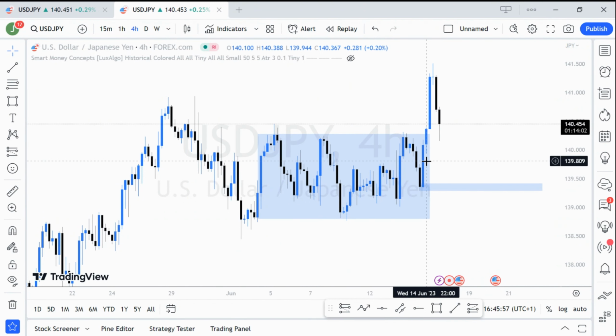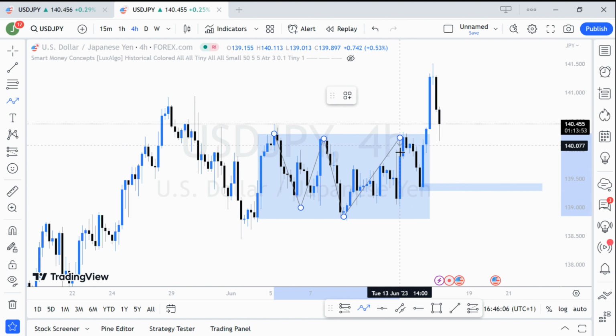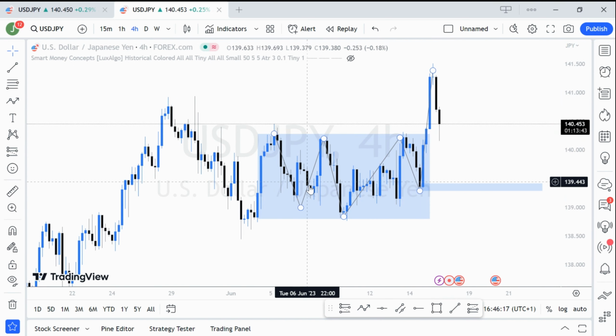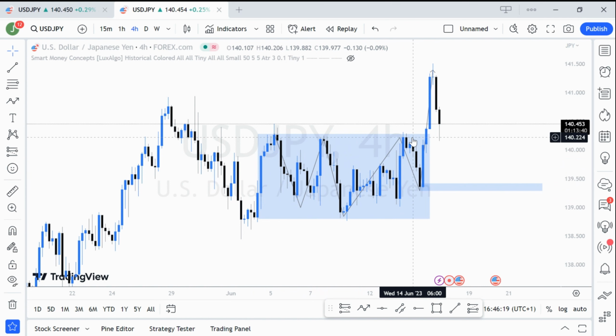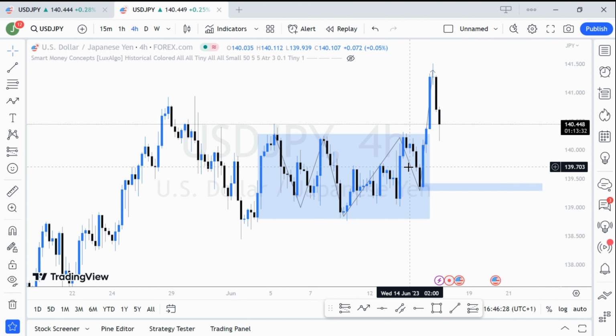When the market is in this kind of box, you see that it doesn't have any particular movement before there's a break of structure to the upside. But when the market is still ranging like this, I advise you to stay away from the market, because you don't know if you should buy, the market will go against you, or if you sell, the market will go against you.